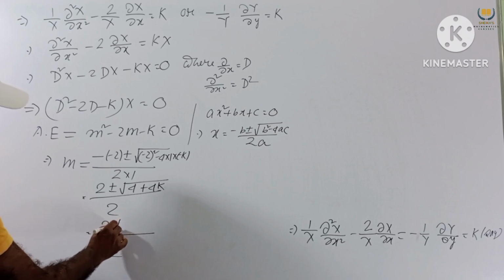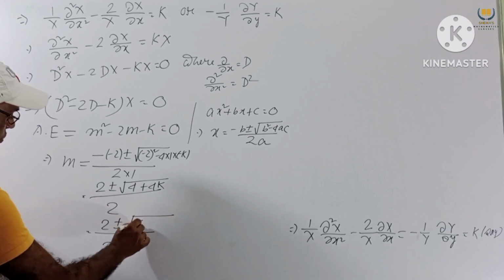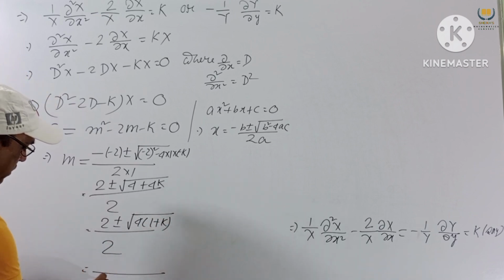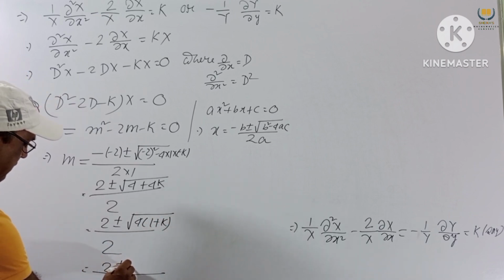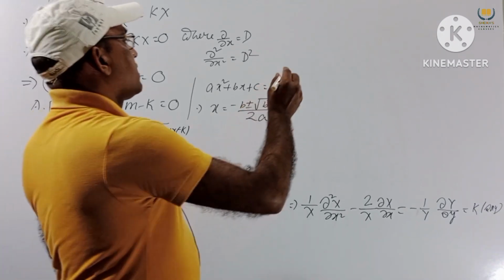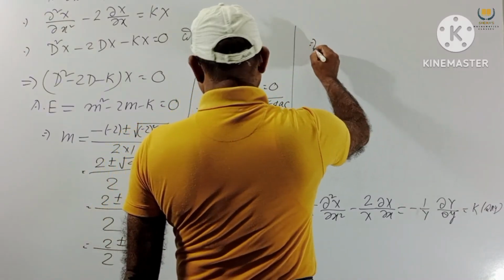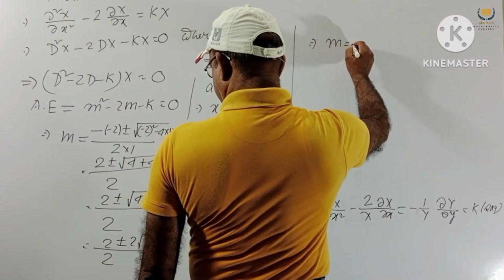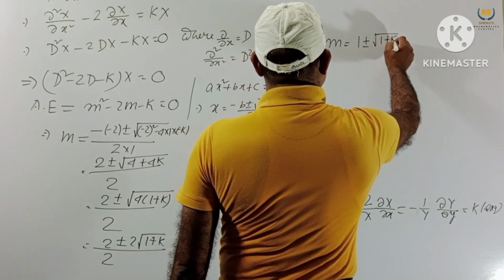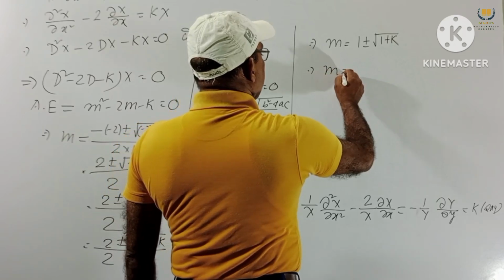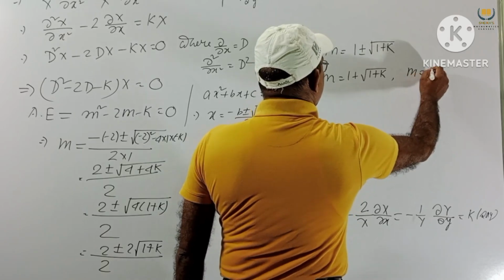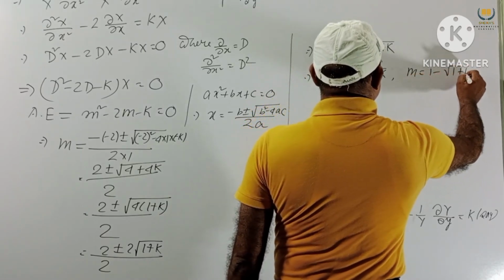This is 2 ± √(4(1 + k)), and this will be (2 ± 2√(1 + k))/2. So m = 1 ± √(1 + k), or we can write m = 1 + √(1 + k), m = 1 − √(1 + k).